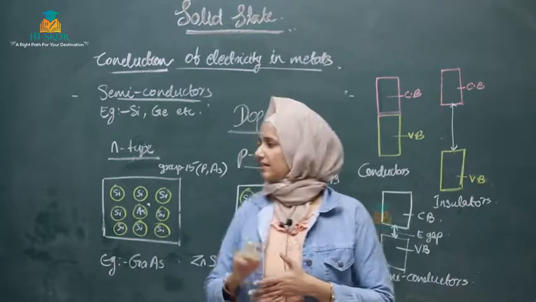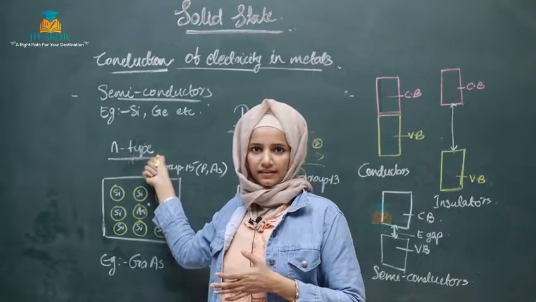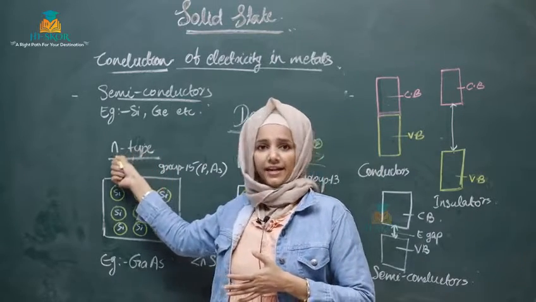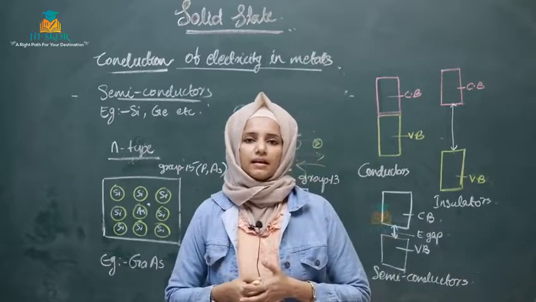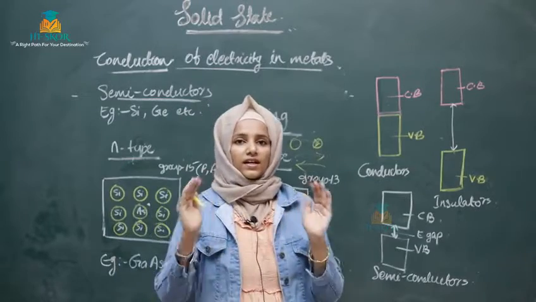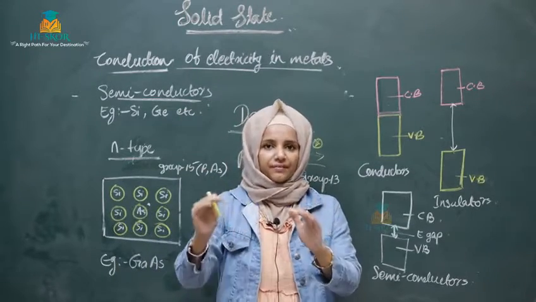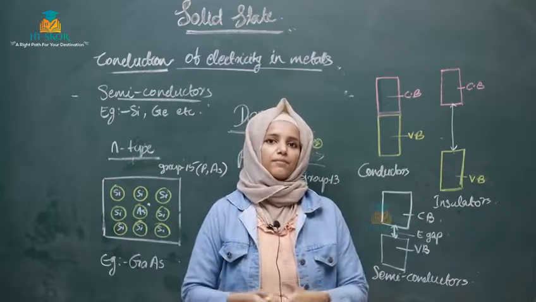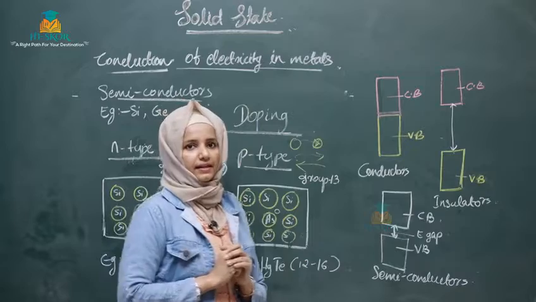Such semiconductors are called n-type semiconductors, n for negative. If we dope the semiconductor with electron-deficient compounds, a hole is created, so a positive effect arises there. Such semiconductors are called p-type semiconductors.